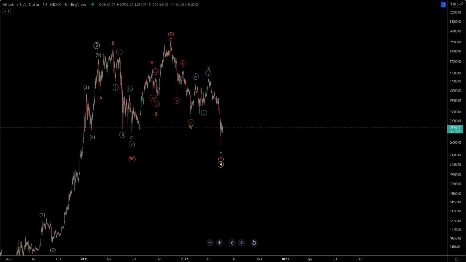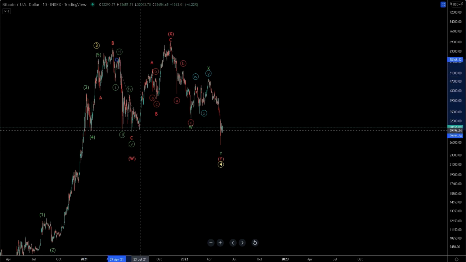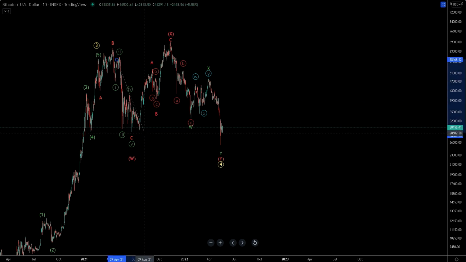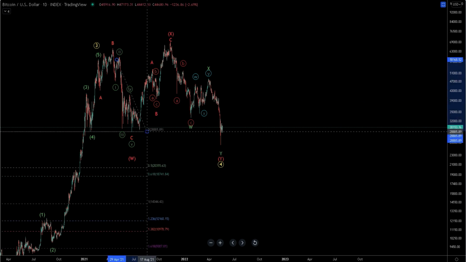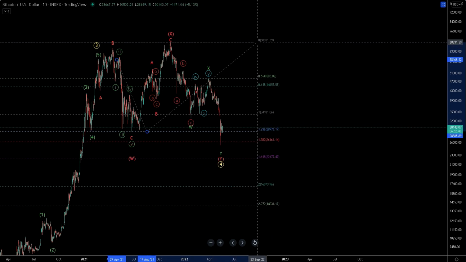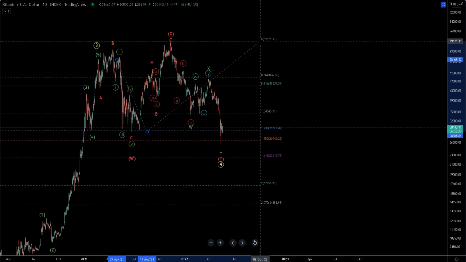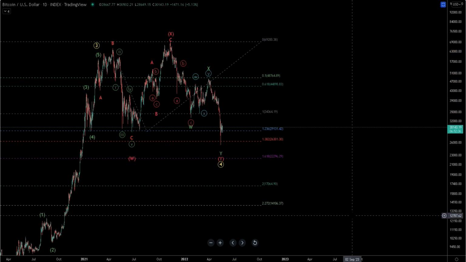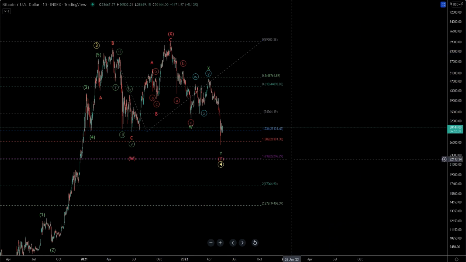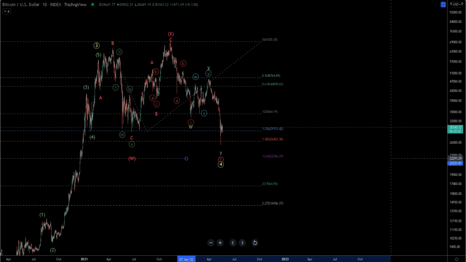All right, we're going to measure this together. So I'm going to pull out my measurement tool. Okay, and we're in log, by the way. So we're going to measure the top of the 3, which is the start of W to the end of W to the end of X. Okay, and we get this level right here.